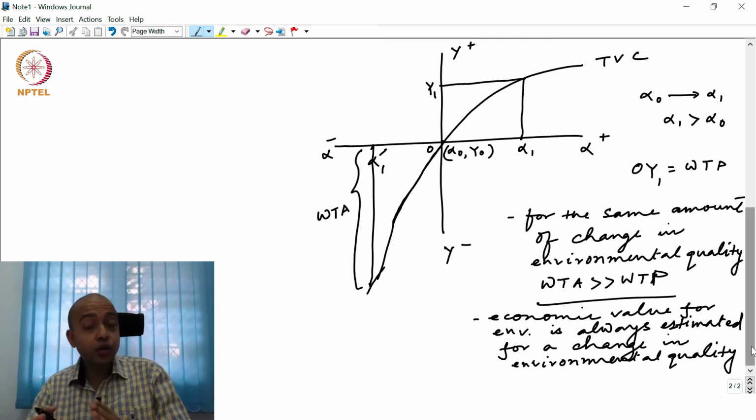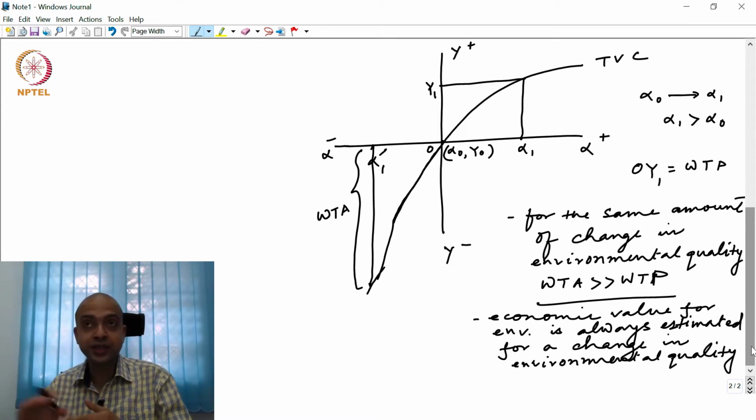Since there is no direct market, when we create the hypothetical market we have to create it in such a way that the individual understands clearly what exactly the change in environmental quality is. That is something we have to keep in mind.